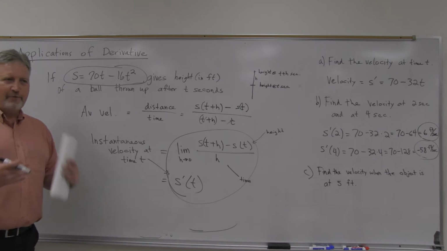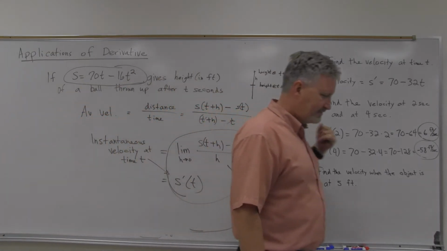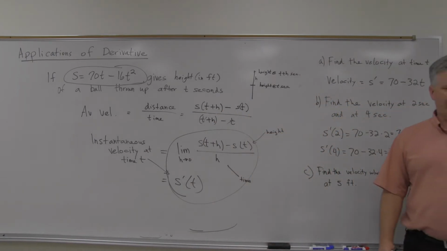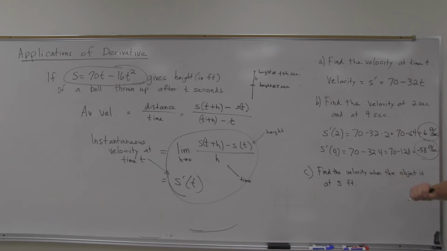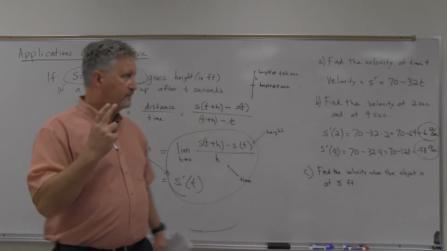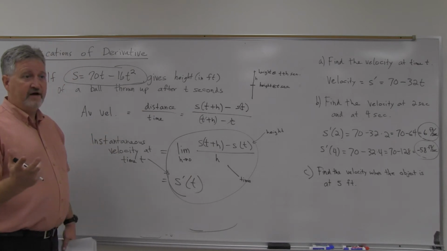Well, what this entails is, I still want to find the velocity, but I don't know what the time is for that particular velocity, do I? It gives me the height, so for that particular problem we'll just have to figure out the time.